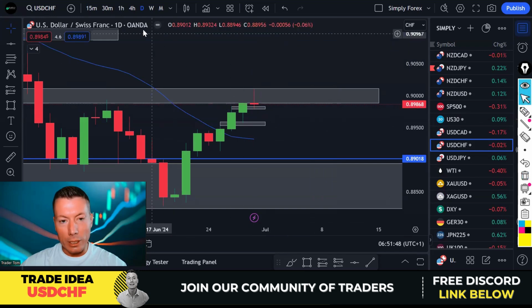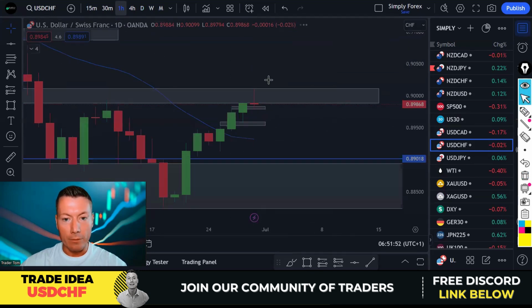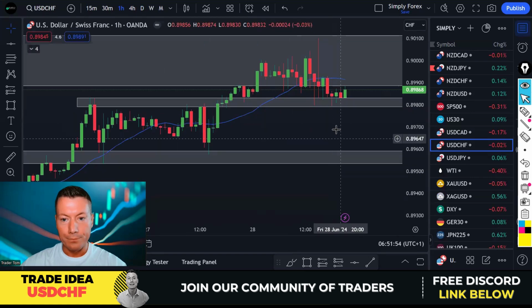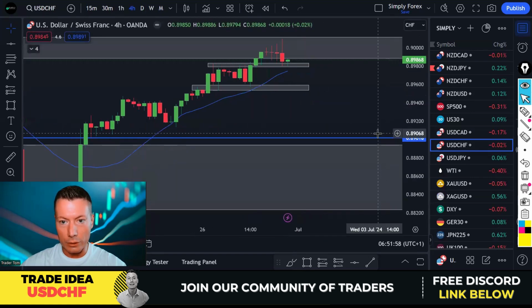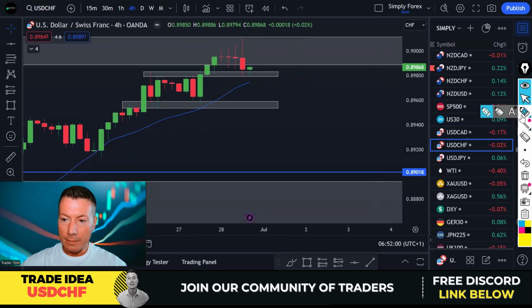So again, I'm just waiting for a structure break on the lower time frames. If we drop down to the H1, let's have a look at the H4, see how this level looks on the H4. Yeah, first and foremost, this is encouraging for selling, this big bearish H4 candle.